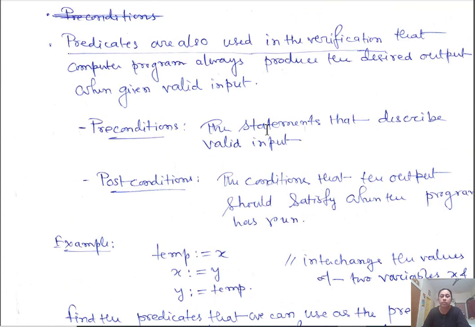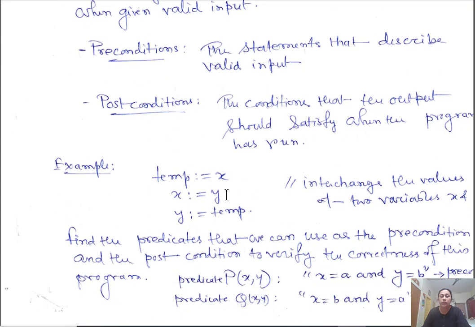So it means either this segment executes properly or not, means this swapping is done or not. If P(x,y) is true, then this is the precondition. P(x,y) is this: x equal to a, y equal to b, and after that I write a postcondition, this predicate Q(x,y). So if P(x,y) is true, then is Q(x,y) true or not?